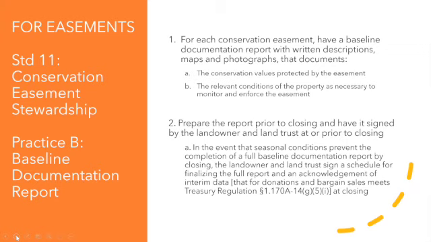For land trusts, BDRs establish a record of the property's condition at the time the easement is given. And they provide evidence that's useful in any future enforcement matters, and especially in the event of litigation to defend an easement. BDRs are technical, usually prepared by experts that are able to evaluate the conditions of the conservation values protected by the easement, and the protective nature of the restrictions that are contained in the easement.